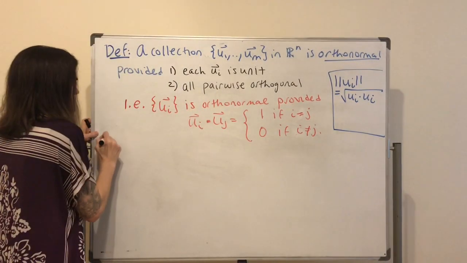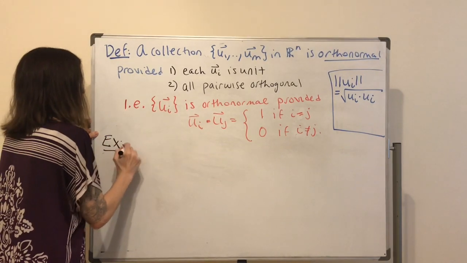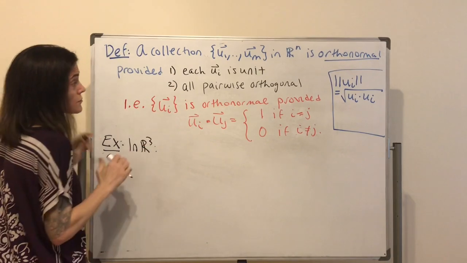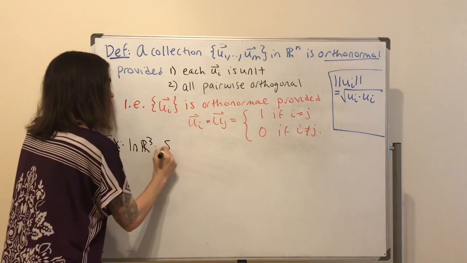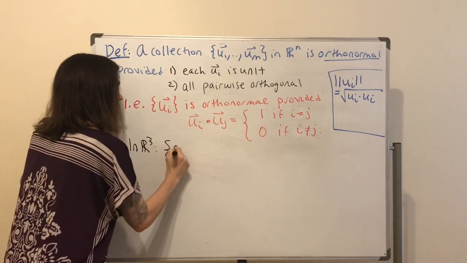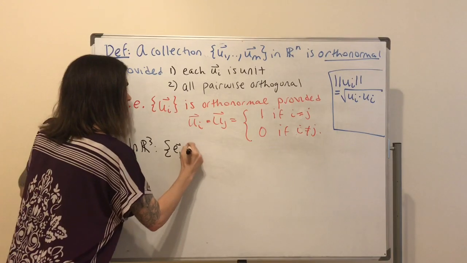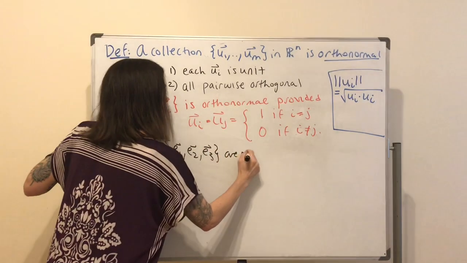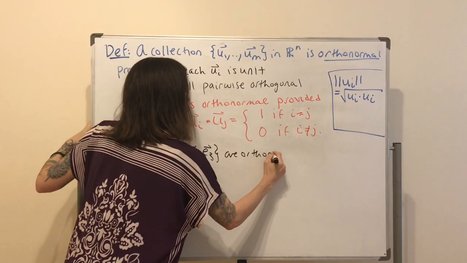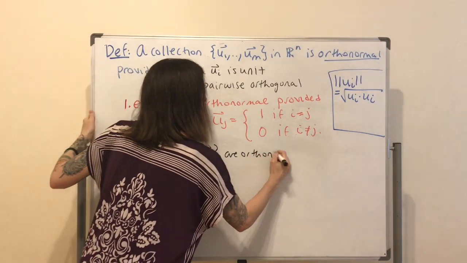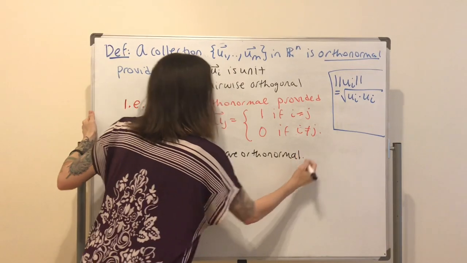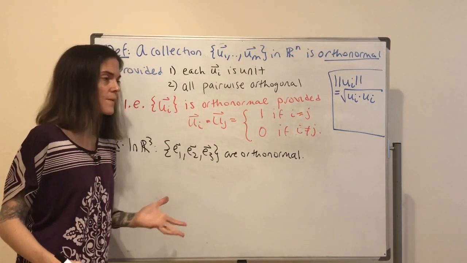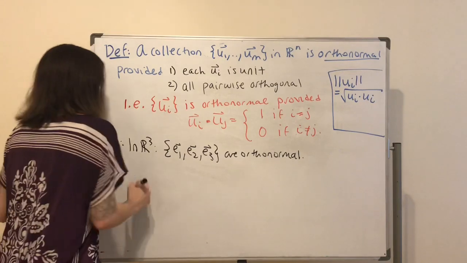So, well, what are some examples? Let's speak about R3 for the moment. E1, E2, and E3, these are orthonormal. These are our standard vectors in R3, where you have a 1 in one component, 0 everywhere else. Okay, what else?